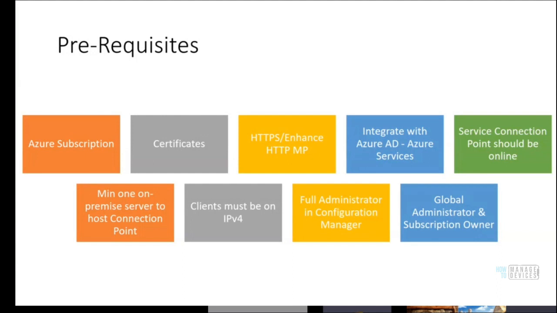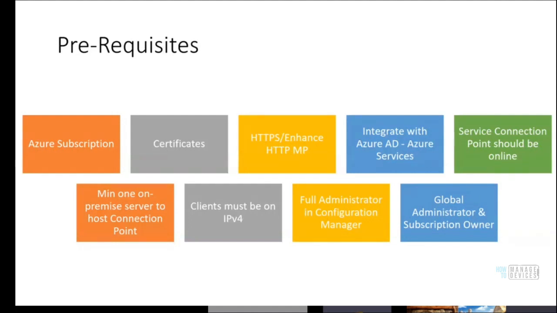The next thing is that the service connection point should be online. The service connection point is a server on the primary site, or on the cache, wherever you are downloading the updates. That is your Config Manager updates like 1902 or 1906, whatever. That service connection point should be online, and all the Azure deployment happens through the service connection point.